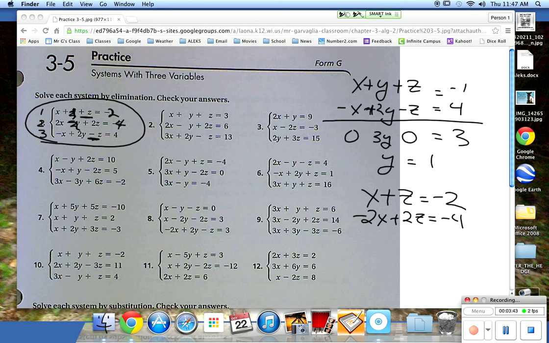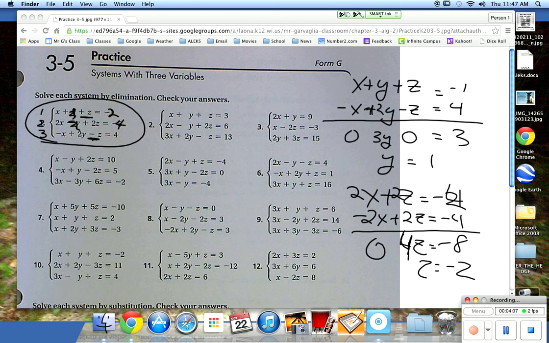Well, let's multiply this top one by 2. Make this -4. Add these 2. 0. 4z equals -8, right? z equals -2. So I got my z. I've got my y.